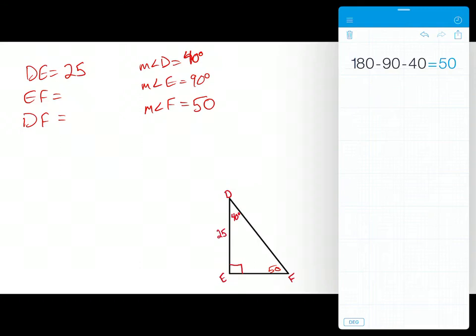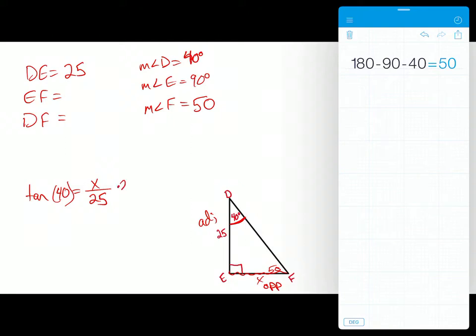Now, for the other side lengths, let's say we're going to find EF first. To find EF, we're going to have to use a trig ratio. So let's look at angle D here. Knowing that we have the adjacent and the opposite, we're going to use tangent. So tangent of the angle, tangent of 40, is equal to x over 25.